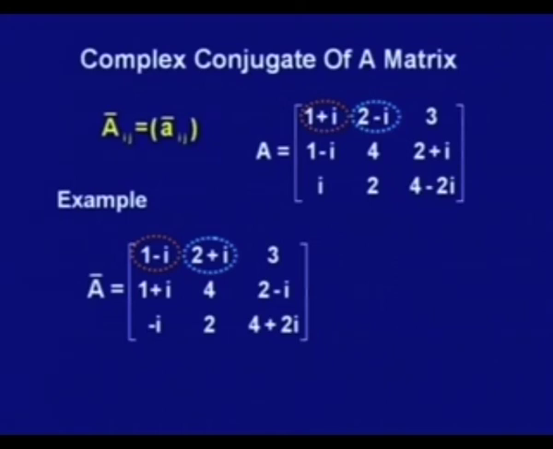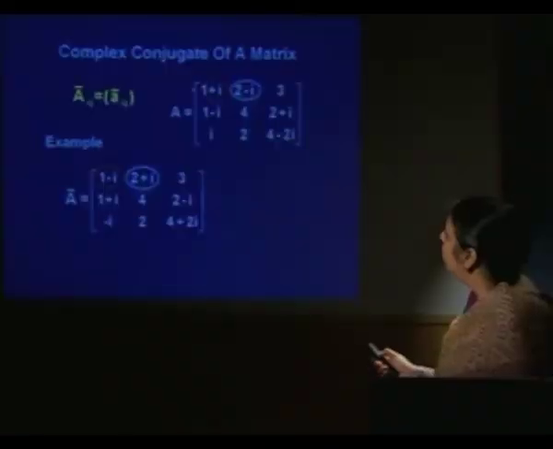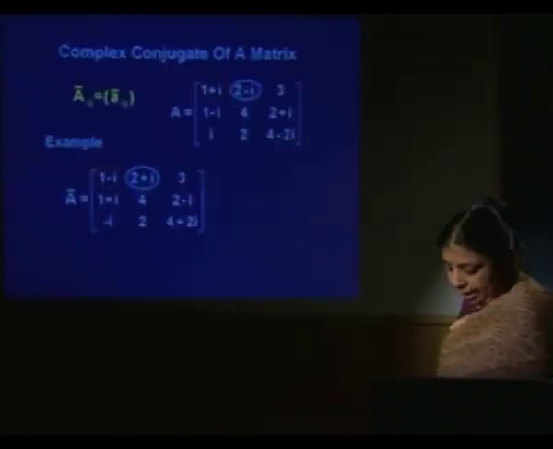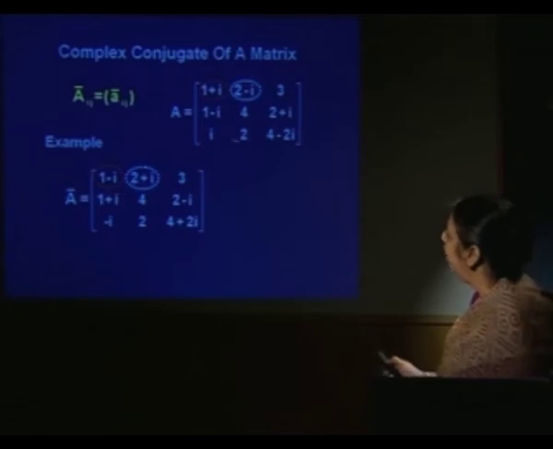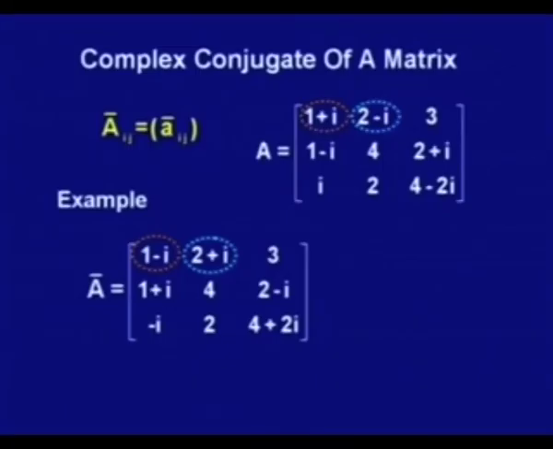Conjugate means the imaginary part is multiplied by minus 1, and this is true for each and every element. 3 is a real number, so its complex conjugate remains the same. 1 minus i becomes 1 plus i. 4 is real, so it is not affected. 2 minus i becomes 2 plus i. Here we have i, here we have minus i. So, this matrix being given as A, the complex conjugate A bar will be this matrix.